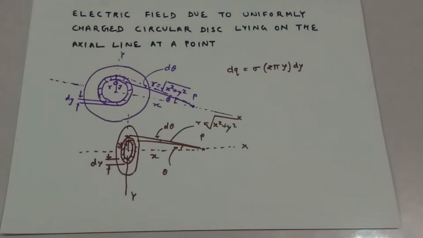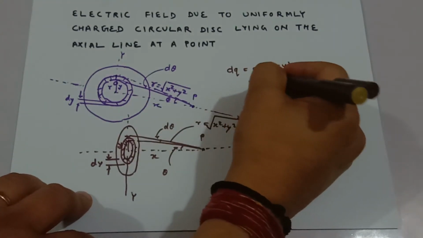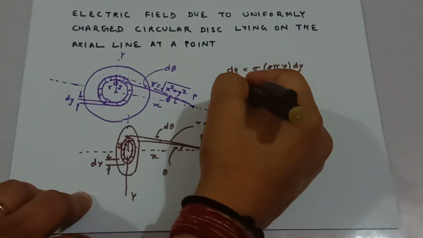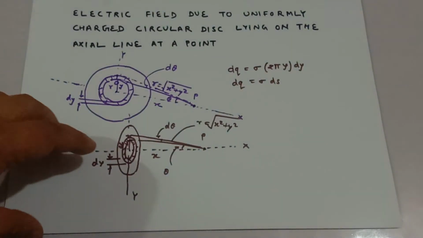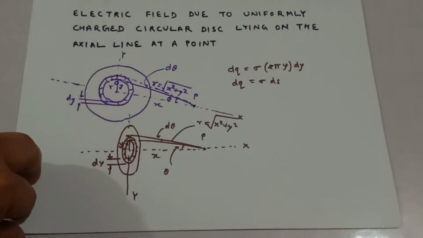That is very simple. Or you can write this as sigma into ds. So ds is the surface area of this particular small ring.